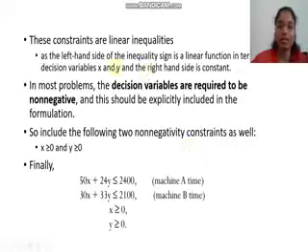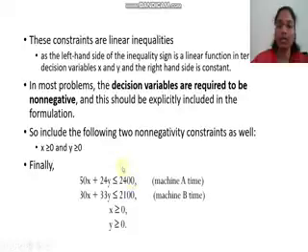On the left hand side of the inequality sign is a linear function in terms of the decision variables x and y, and on the right hand side it is a constant value.